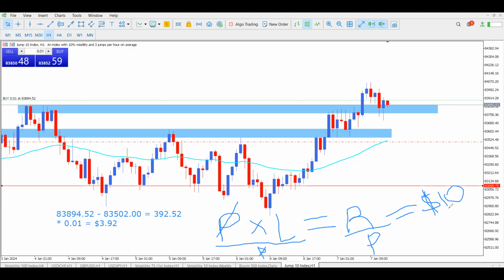So $10 divided by the difference between my entry and my stop loss. That simply gives me my pips or my points, 392.52. So $10 divided by 392.52.